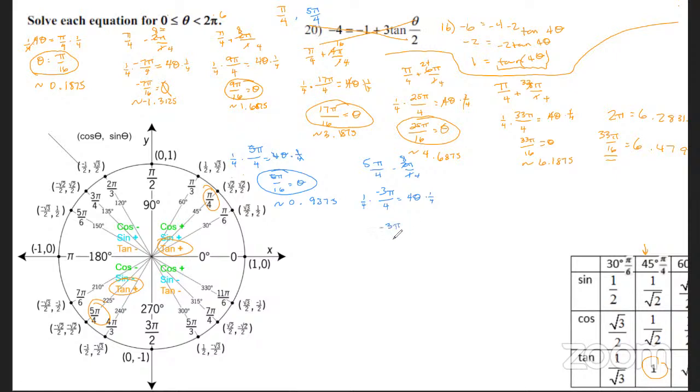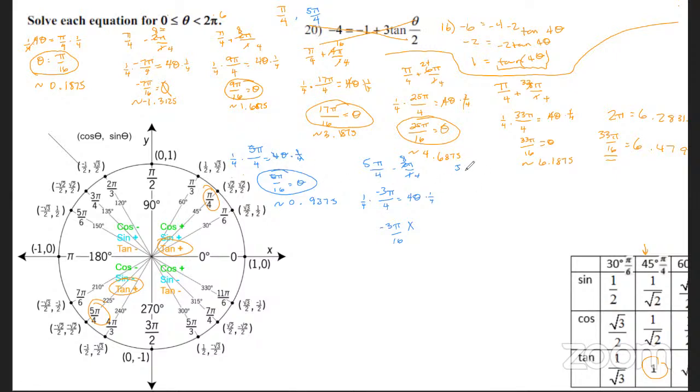So negative 3 pi over 16. I don't even need to estimate this because it's negative; I know it's smaller than 0, so it's not going to work. So we've found our lowest answer possible.